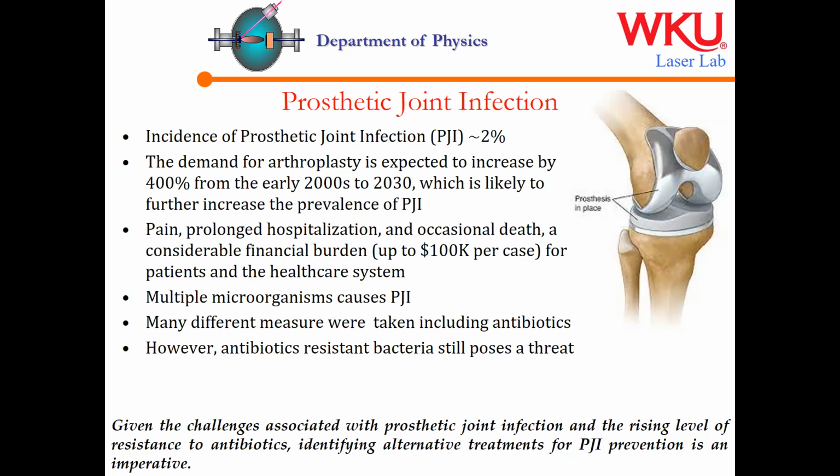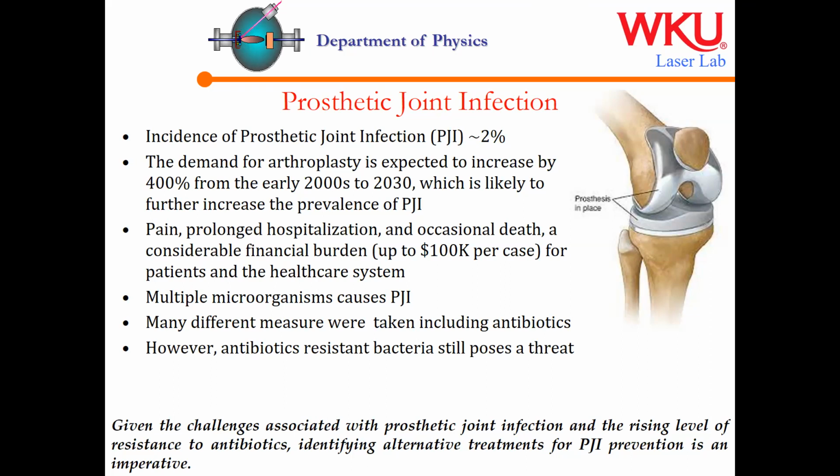And unfortunately for us, the demand for arthroplasty is expected to increase by 400% from 2000 to 2030. So this is a huge increase, of course. The problem is, it causes pain, prolonged hospitalization, and it costs up to $100,000 per case.